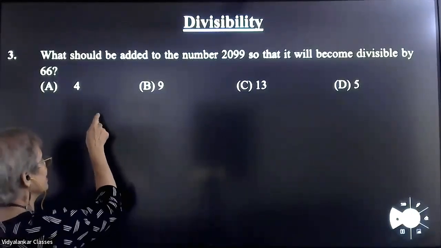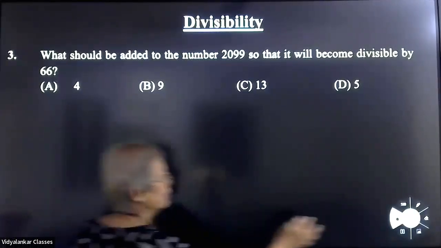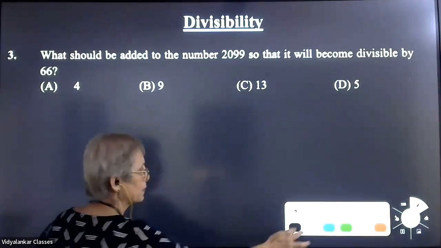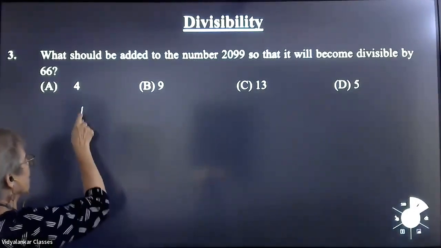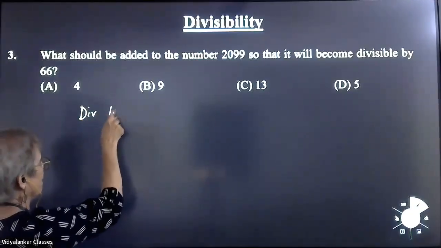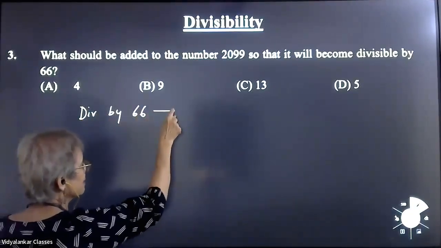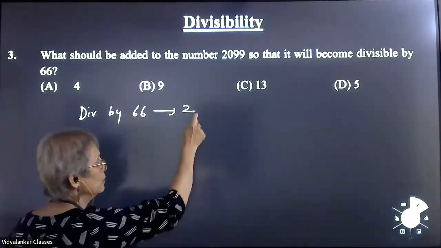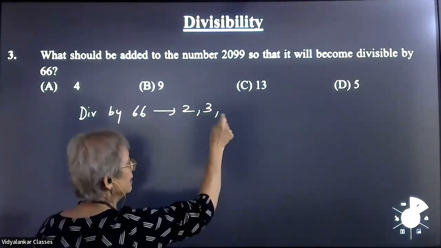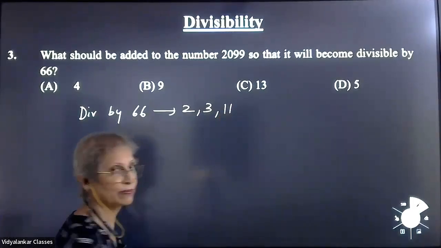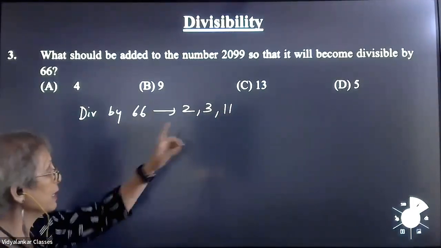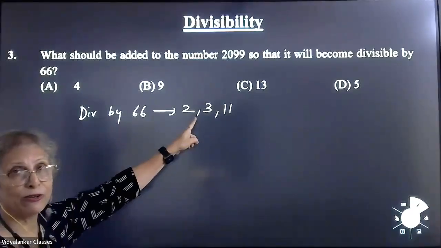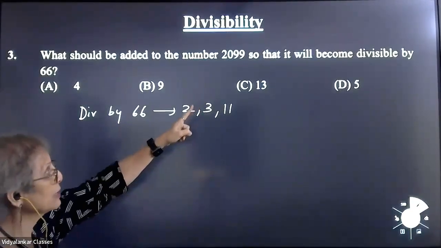Now look here, divisible by 66. 66 means it should be divisible by 2, by 3 and by 11. Right?